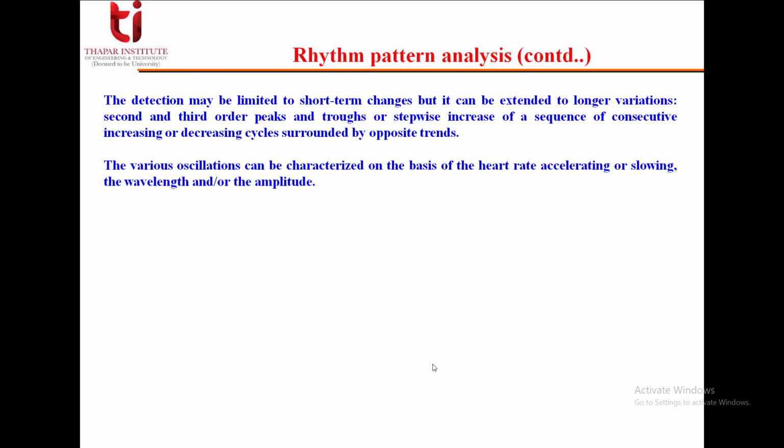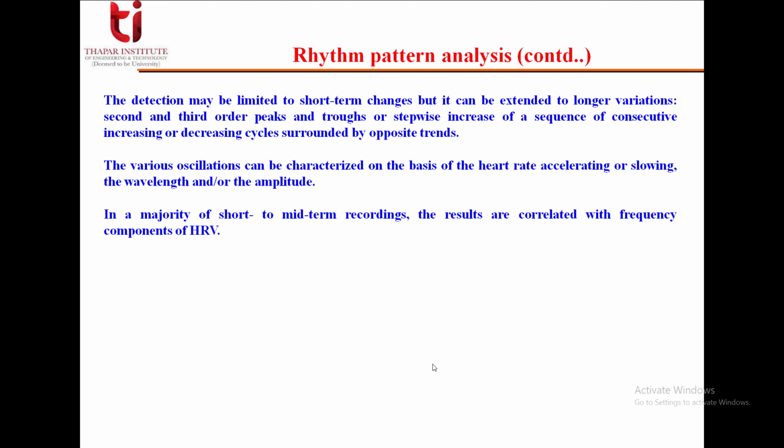The various oscillations can be characterized on the basis of the heart rate accelerating or slowing, the wavelength and/or the amplitude. In a majority of short to mid-term recordings, the results are correlated with frequency components of heart rate variability.